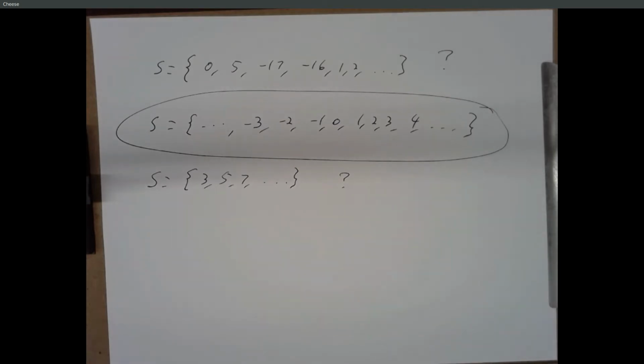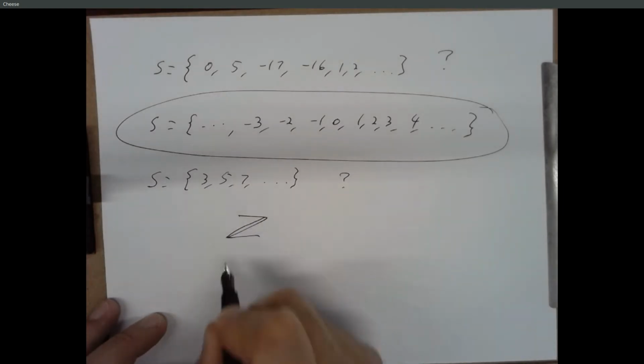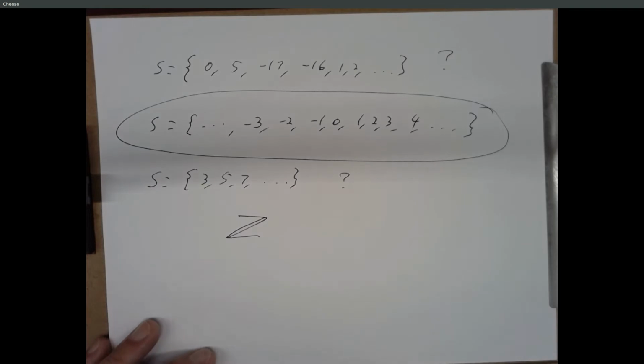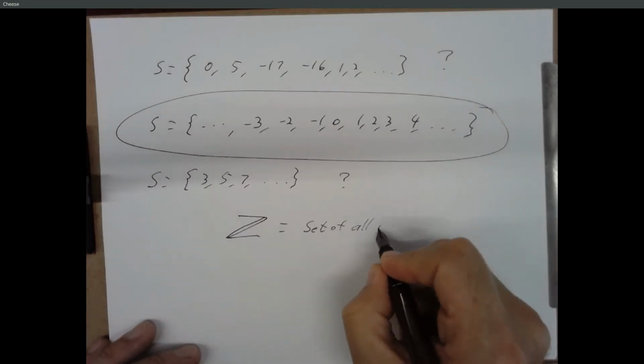But some of these sets, we have particular symbols we use to represent them. So we have a special symbol for the set of integers. It's this funny Z. It's got a double line on the slant. So this is the set of all integers.